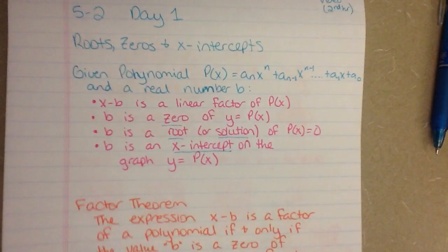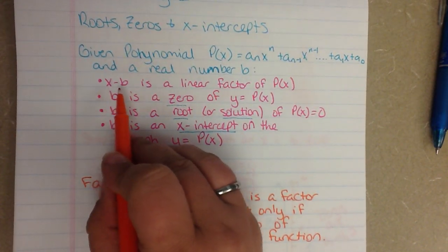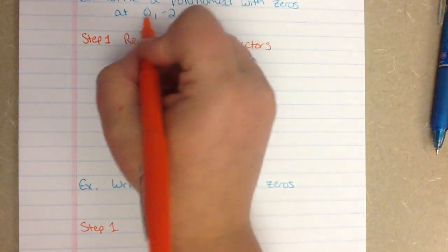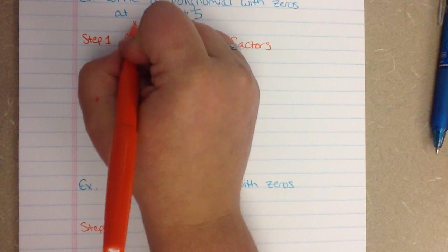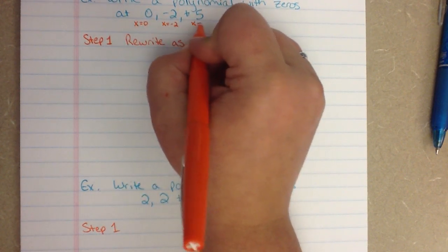Okay, so we can look back here. If b is a 0, then x minus b is a factor. Okay, so right here I know that x equals 0, x equals -2, and x equals 5.